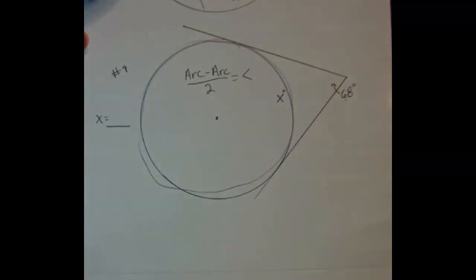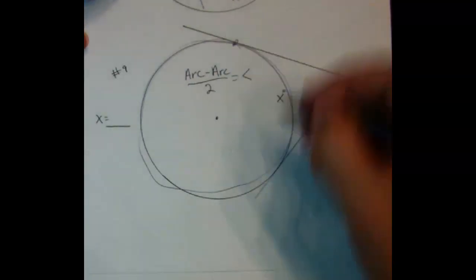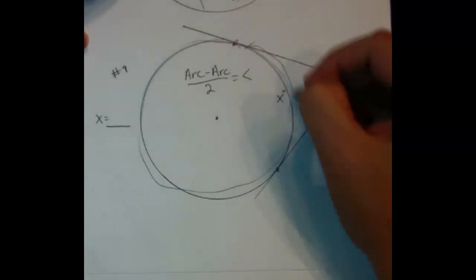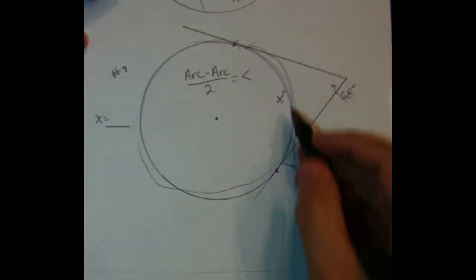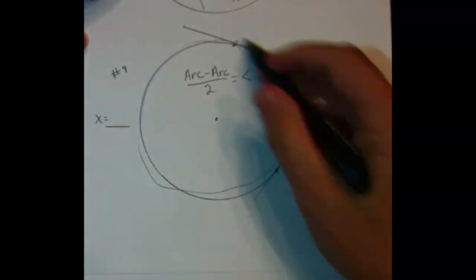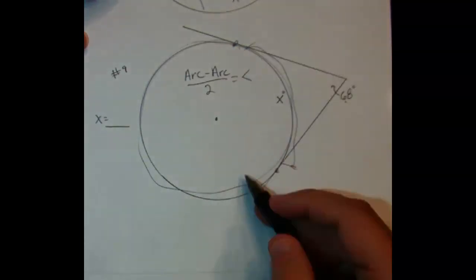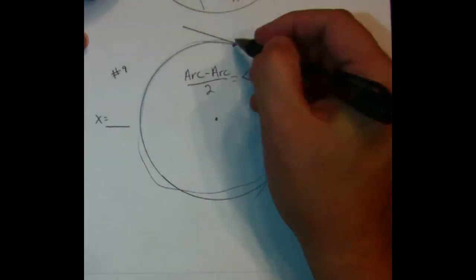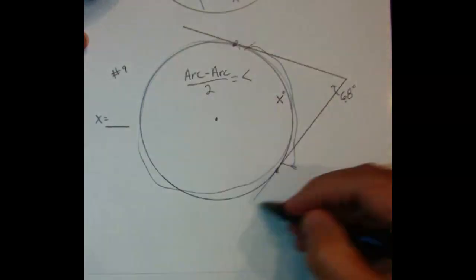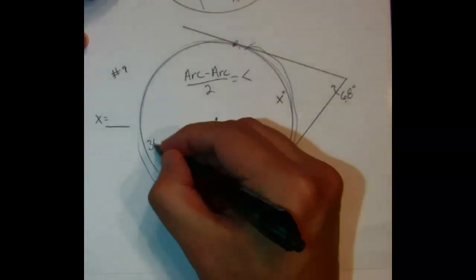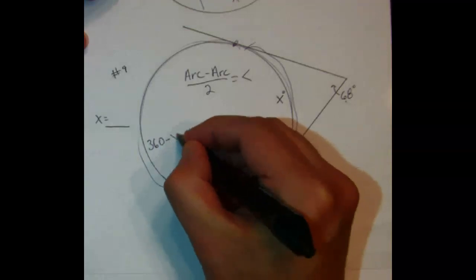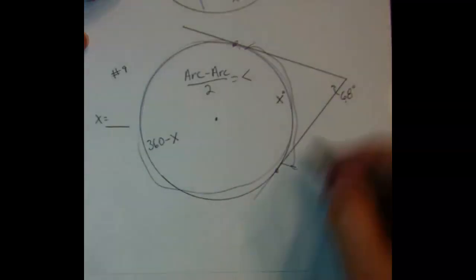Yes, 360. From here to here is x. From here to here is 360. Well, if this is x and the whole thing is 360, then from here to here is going to be 360 minus x. So if I take 360 minus x, I get this arc.